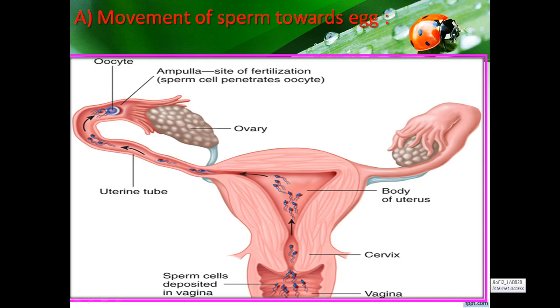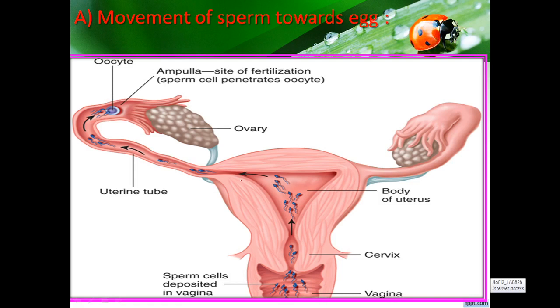As a result of capacitation, the sperm become extra active and start moving towards the vagina, towards the uterus, and reach up to the oviduct. The prostaglandins present activate the sperms.